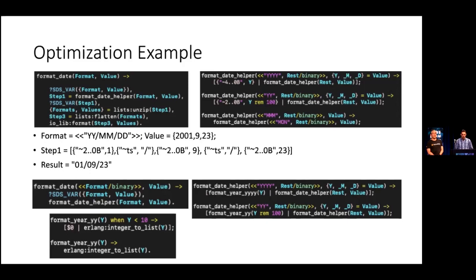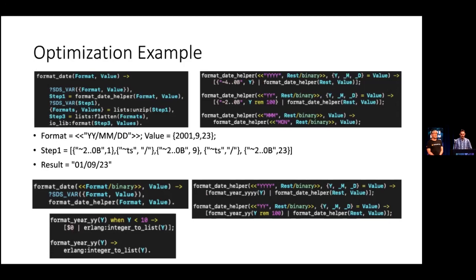And then we used to call unzip on these pairs to separate the formats and the values. Then we call flatten on the formats, and then we end up calling IO-lib format in order to generate the desired output, which is shown in the third bullet.